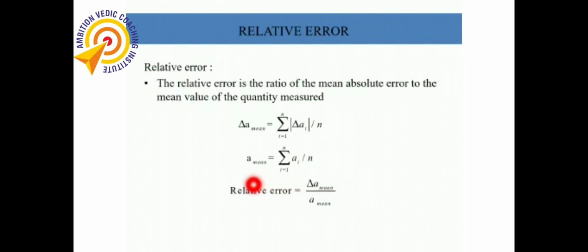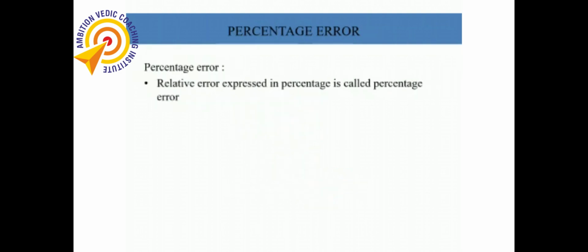And then if this relative error is multiplied by 100, it is called percentage error. So percentage error here is relative error expressed in percentage. If we express some error value in percentage, it is called percentage relative error, or sometimes we simply refer to it as percentage error.